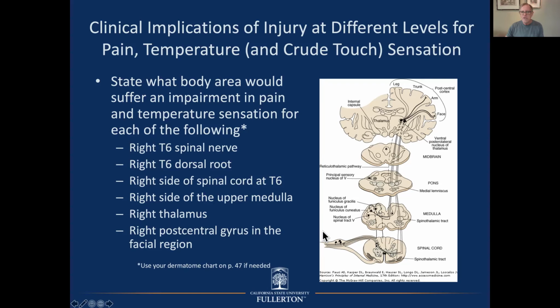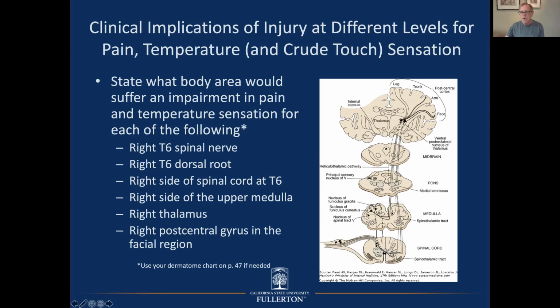So I want to just point out what we just looked at very schematically as far as pain is concerned. Here are first order afferent neurons carrying pain and temperature sensation back through a spinal nerve, a dorsal root, and here synapsing in, what's that called? The dorsal horn.